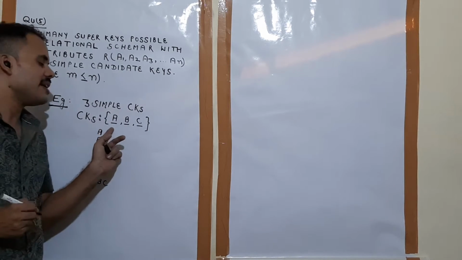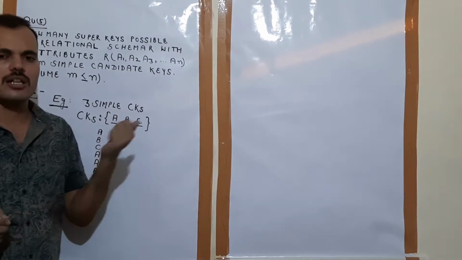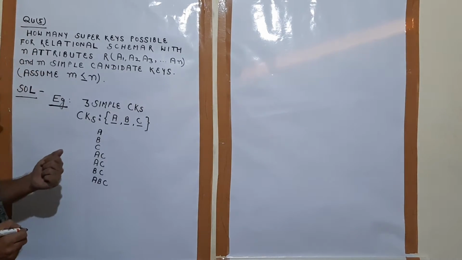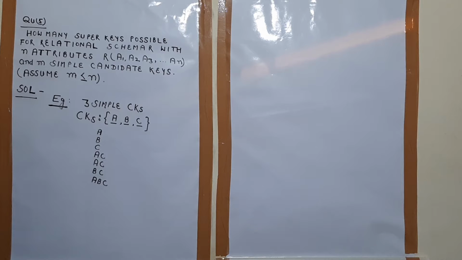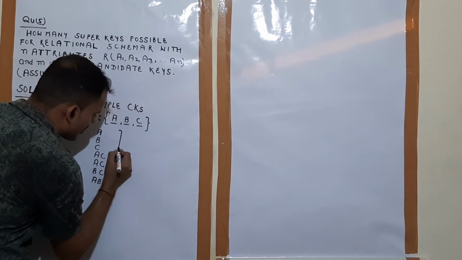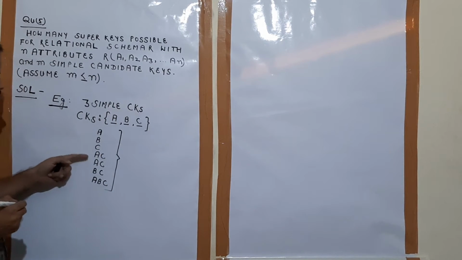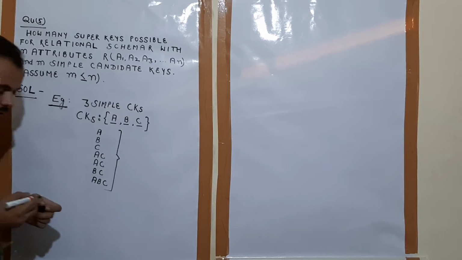Because A is a super key, B is a super key, C is a super key, then ABC is also a super key. Understood? See here, all these are super keys. 1, 2, 3, 4, 5, 6, 7. There are 7 super keys.